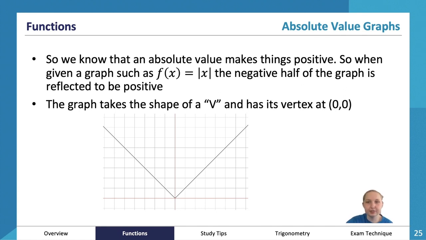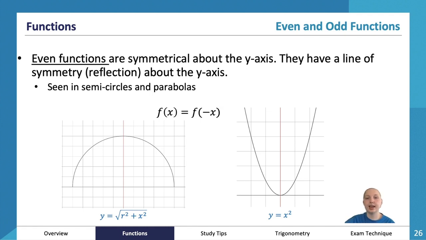Alrighty, and the last little bit of functions we're going to look at for today is looking at even and odd functions. So even functions are functions that are going to be symmetrical about the y-axis, or in other words, they're going to have a line of symmetry about the y-axis. So this is seen in things like semicircles and parabolas, in that they are exactly symmetrical on either side of your y-axis.